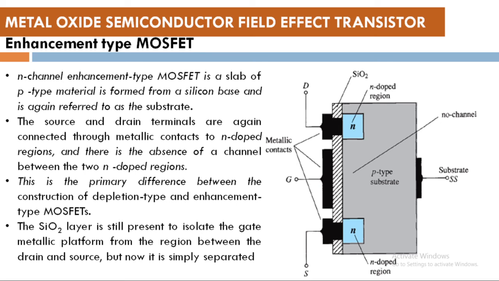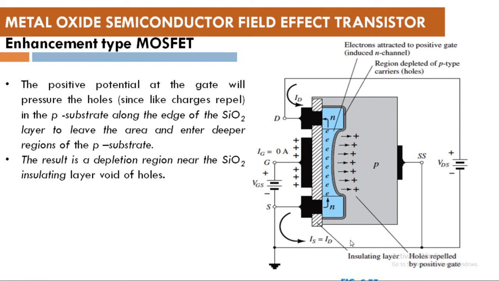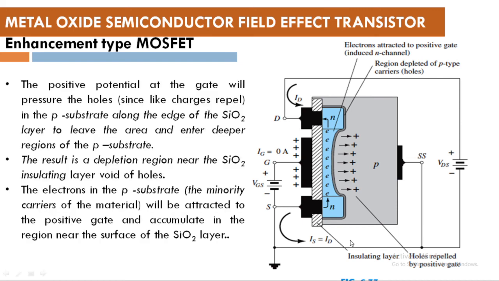But when we are talking about switch, we usually consider enhancement type MOSFET, because in a default state there is no channel. So even if you apply an output voltage, you will not get any current flowing through it because there is no channel between drain and source. So you will have to create the channel before we can start working with it.